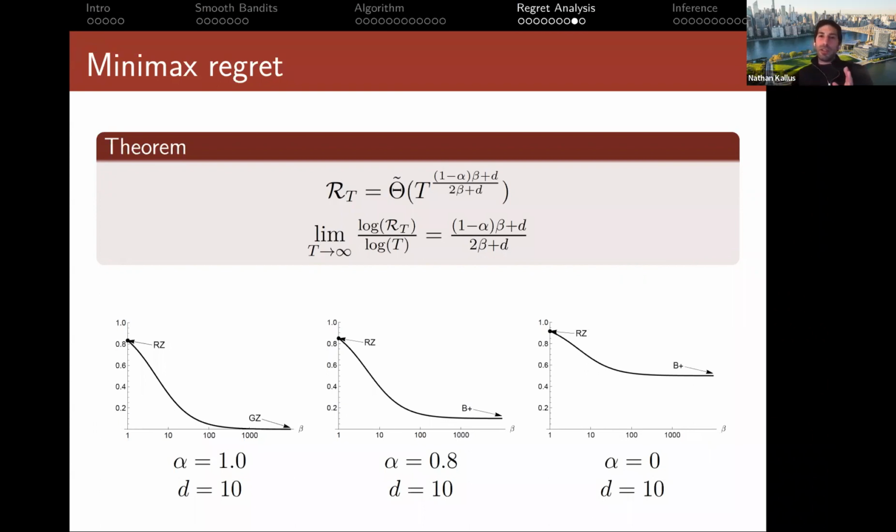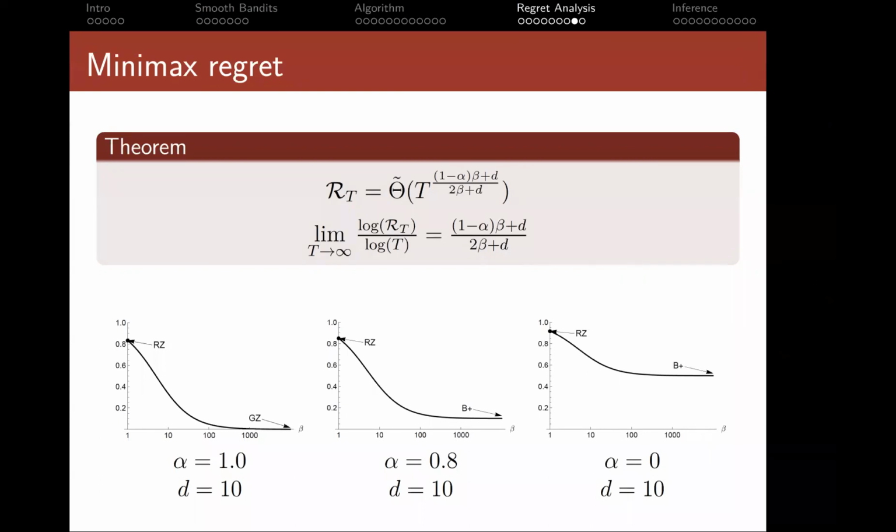When beta goes to infinity, my leading exponent goes to 1/2. So we're getting closer and closer in behavior to a problem where things are infinitely extrapolatable, like LinUCB, which gets root T. I hope that's clear. Does that make more sense? Yes, thanks so much.